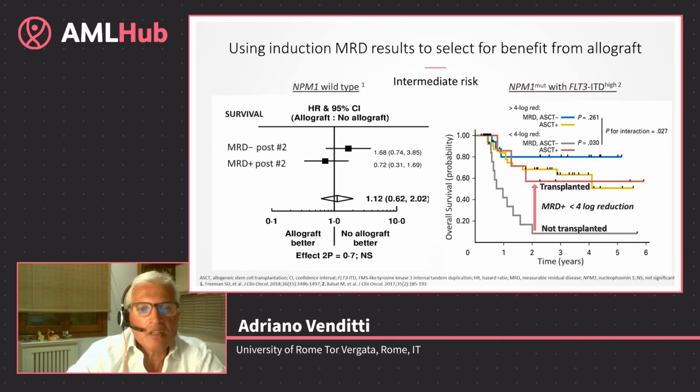In the French experience, the authors concentrated on the category of patients with NPM1 mutated, FLT3 ITD positive. They categorized the patients in two groups: MRD negative, achieving at least 4 log reduction of the baseline transcript, and those considered MRD positive, achieving less than 4 log reduction.